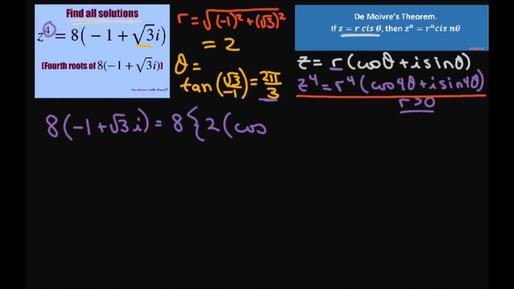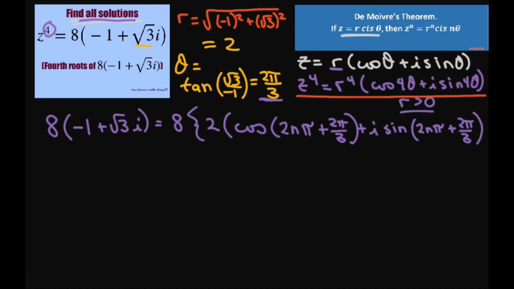For all solutions, I'm going to write 2n pi, because we have to get them all. So this is going to be 2n pi plus 2 pi divided by 3. Then you do the same thing with your sine: you want all solutions, so that's 2n pi plus 2 pi divided by 3. And n is an integer.